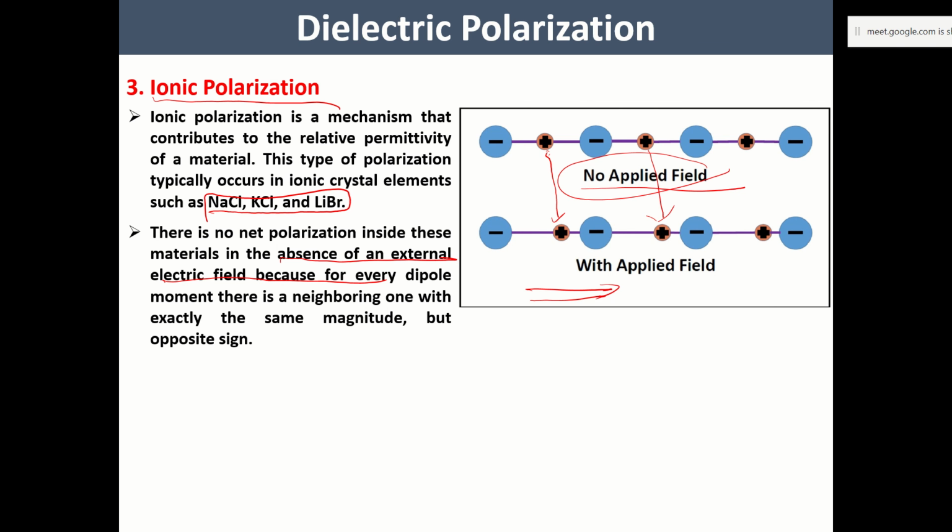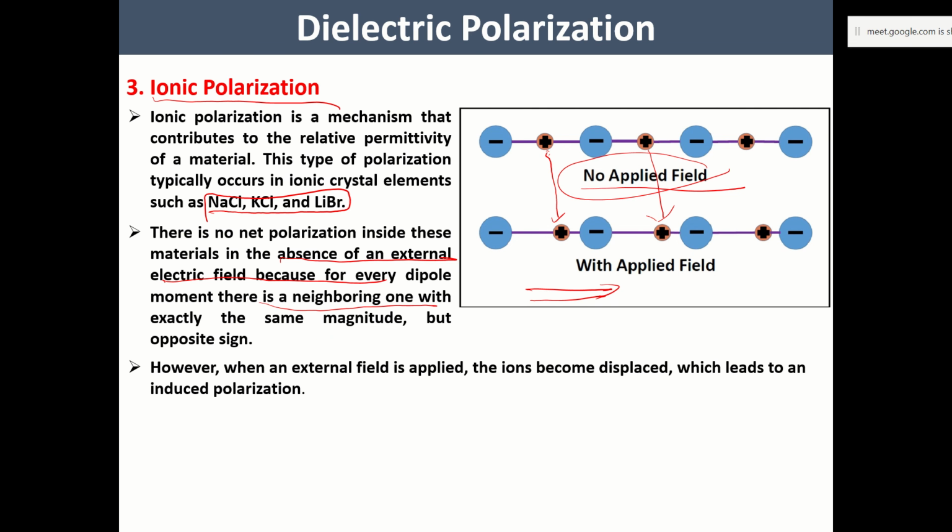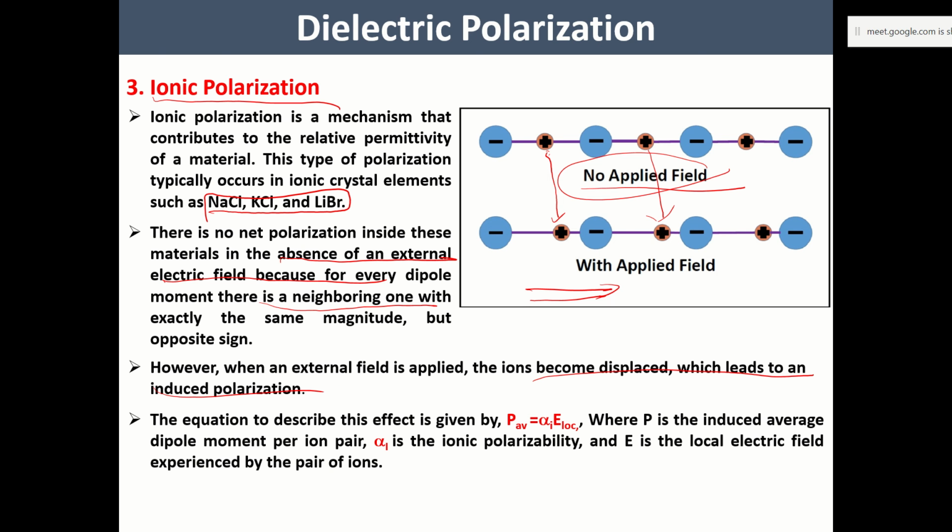So the dipole moment is there. The ion becomes displaced, which leads to an induced polarization. This induced polarization is given by alpha times the local electric field. So E is the local electric field experienced by the pair of ions.